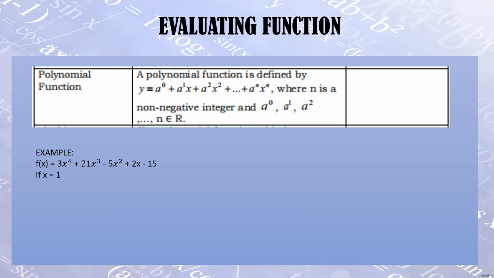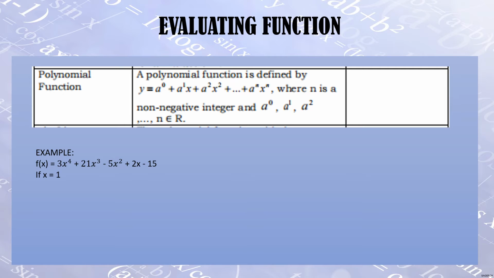So, again, we can say it is a polynomial function if the degree of the exponent starts at 0, 1, 2, 3, etc. As long as the degrees of the exponent are whole numbers, that is 0, 1, 2, 3, 4, 5, 6, 7, and so on. As long as the degree of exponent of the variable is a whole number, it is a polynomial function.